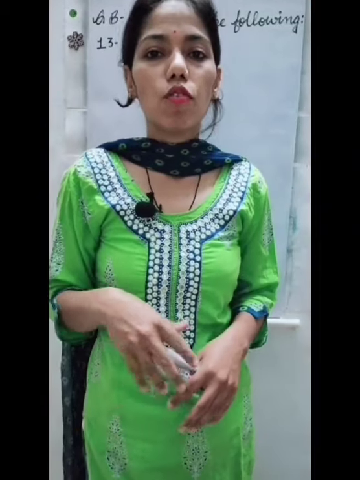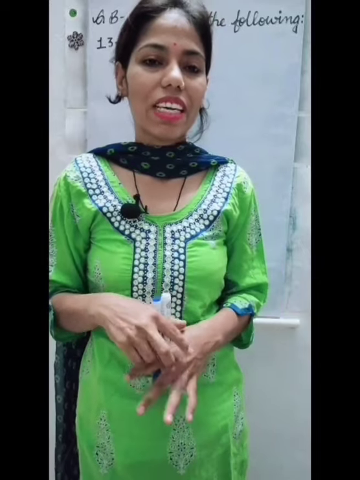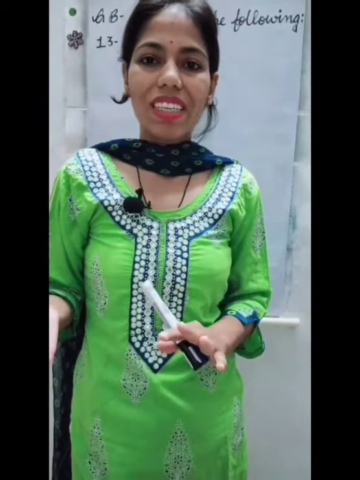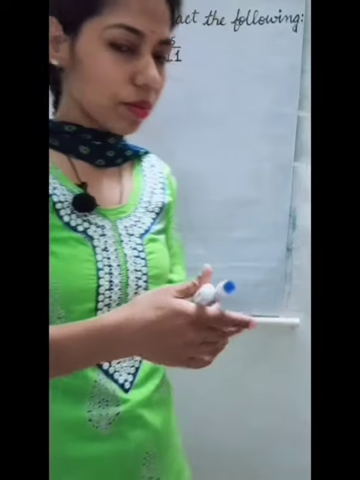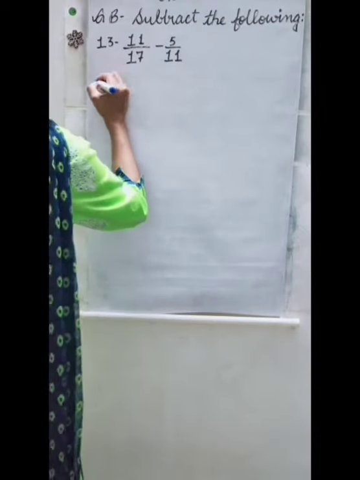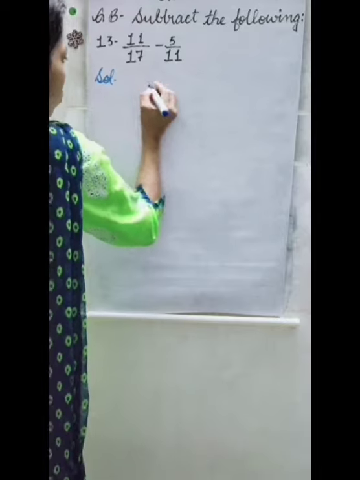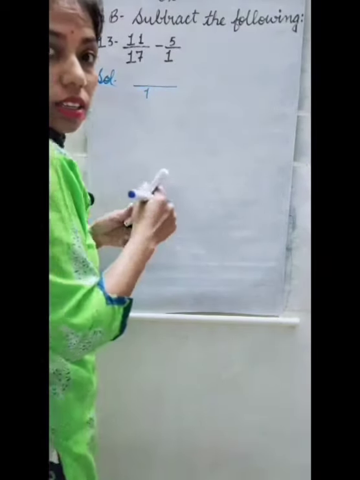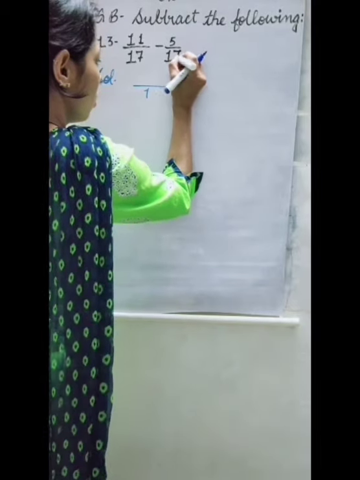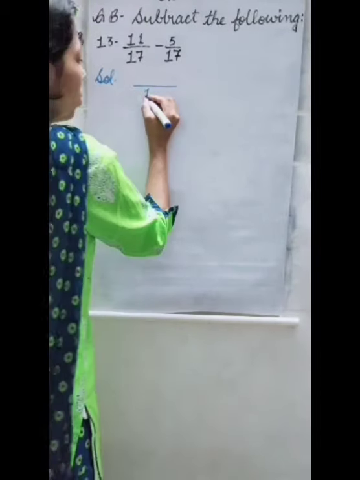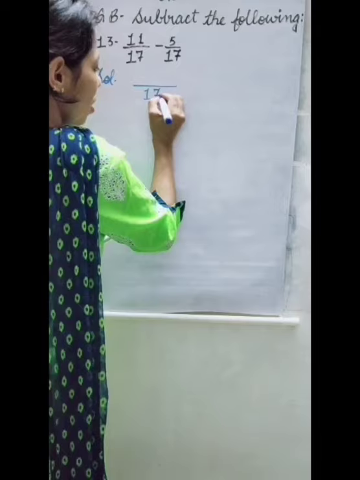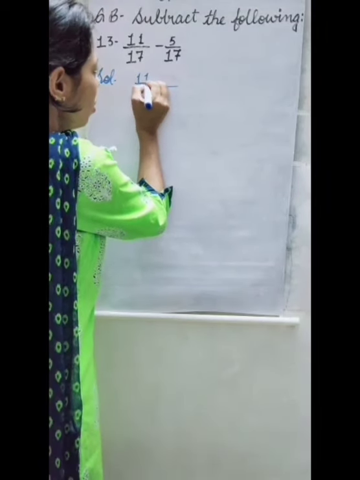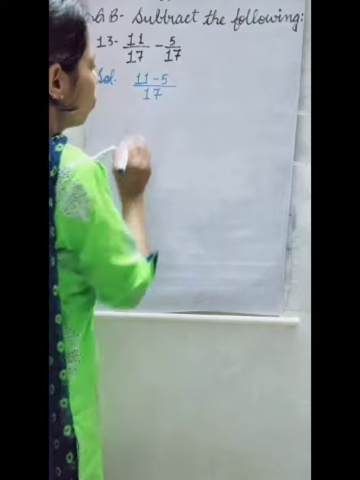The first part of question B is 11 by 17 minus 5 by 17. So as denominator is same, we can do it directly. When denominator is same, it is 17. When denominator is same, we are writing it once, then 11 minus 5.